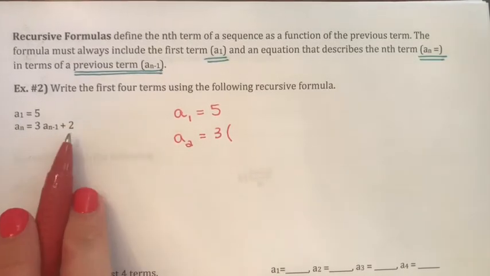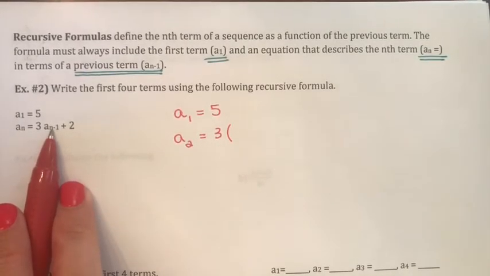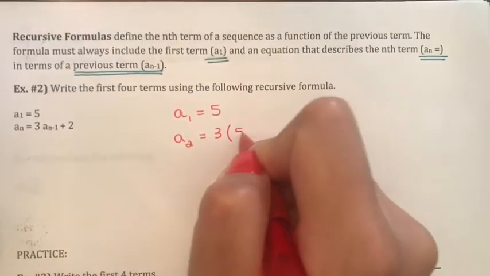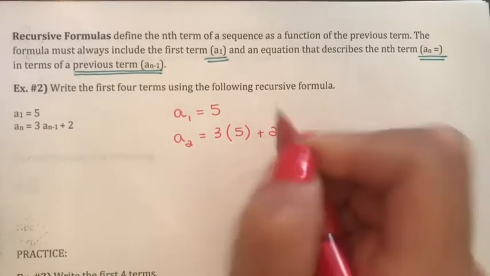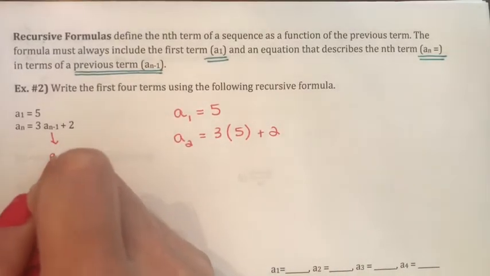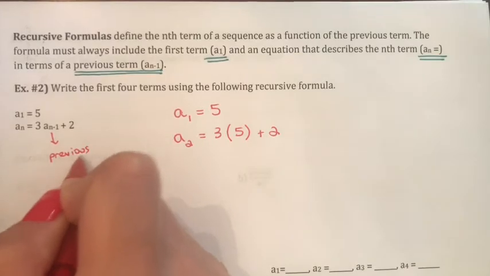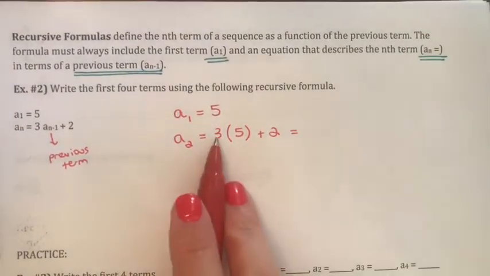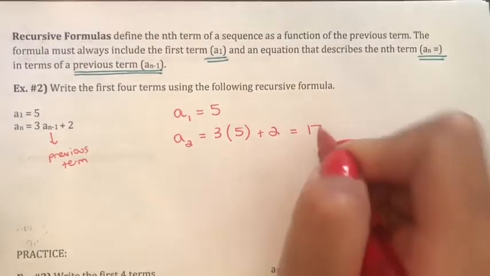Now my n was 2. So 2 minus 1 is 1. Well, that means a sub 1, that's the previous term. This means previous term. And so this is going to give me 17.